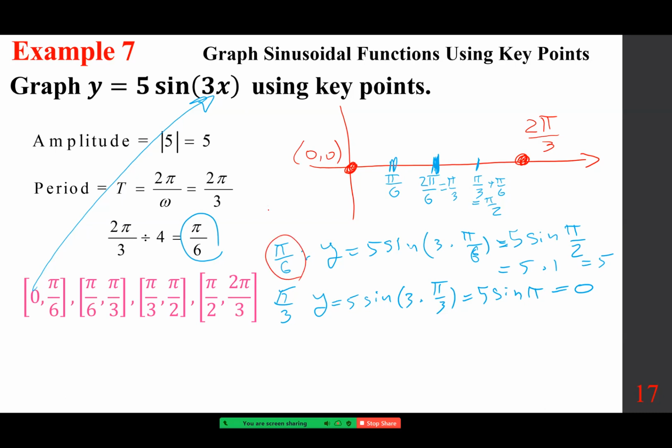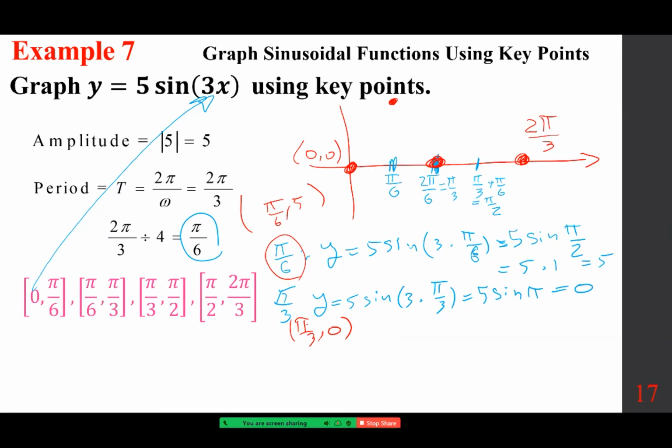This means what? We have pi over 6, 5. So let's assume this is 5. That's what it means. Let's do pi over 3. We said it's 0. So pi over 3, let's write down pi over 3, comma 0.